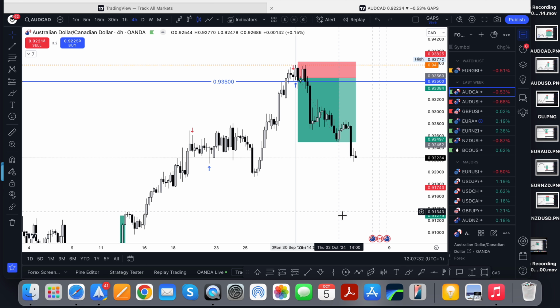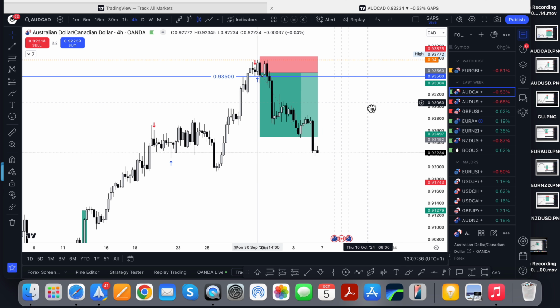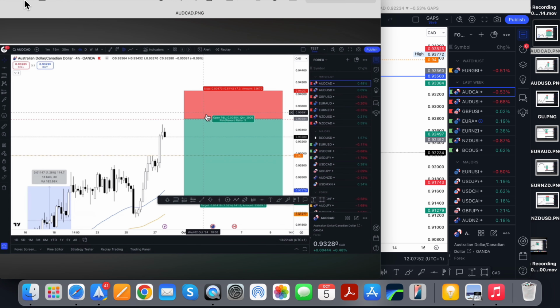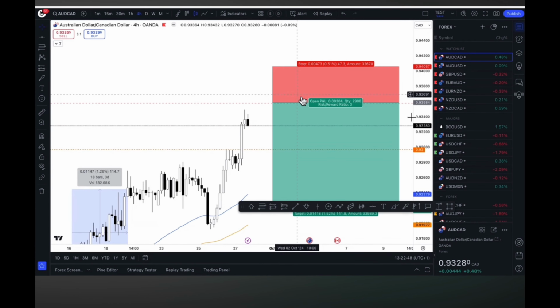So to save you time from watching the video from last week, if you've never done so, I've got some screenshots here of all the pairs that we were looking at. So the first one was AUD CAD. And you can see here in this image, we were looking for it to get to the 93,500 area.